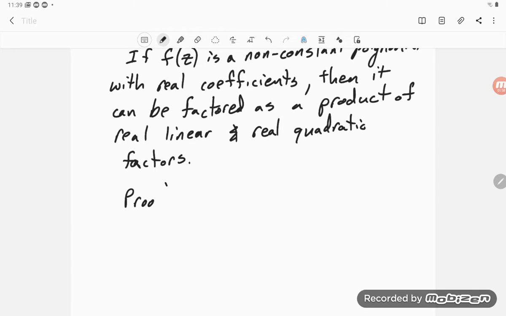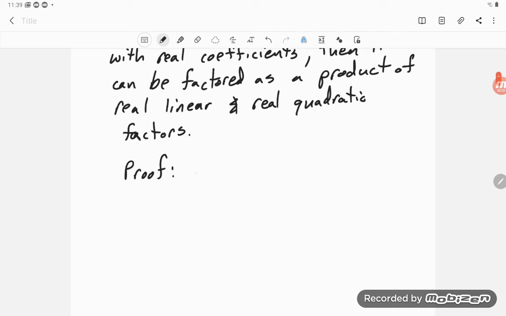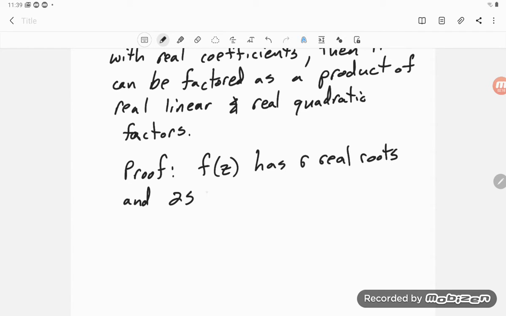Okay, and so the way they go about this proof is they say, okay, f of z has r real roots. Now r could be 0, but r real roots, and 2s non-real roots, because we already know they come in pairs.